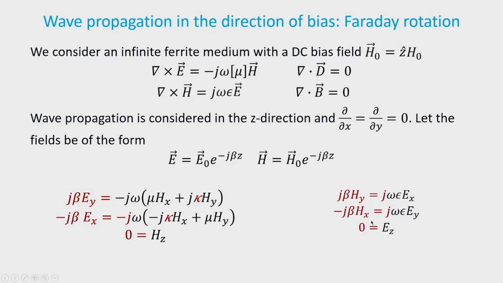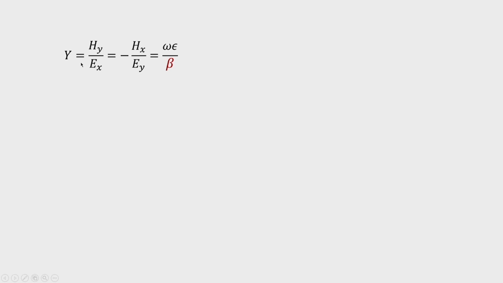Similarly, minus H x by E y is also omega epsilon by beta. So, we write Y equal to H y by E x, which is equal to minus H x by E y, is equal to omega epsilon by beta.